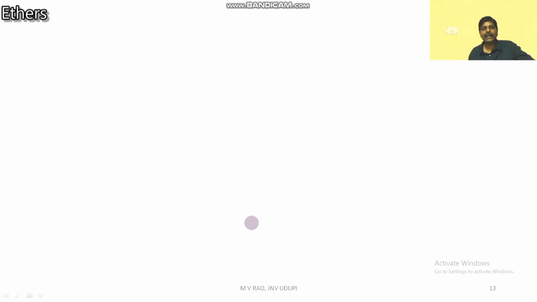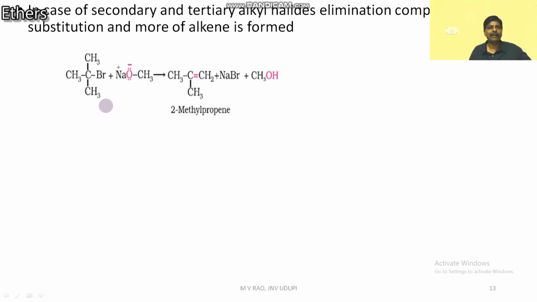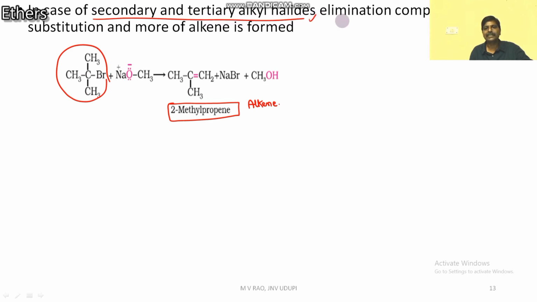If the alkyl halide is tertiary, say tertiary butyl bromide, then the product is not ether, the product is alkene. If you take secondary or tertiary alkyl halides, elimination will dominate.